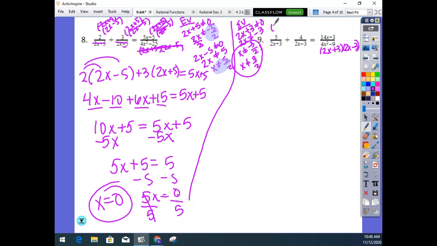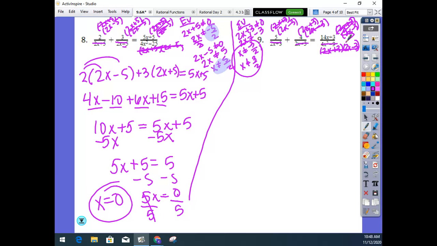All right, multiply everything through by the common denominator. The 2x plus 3 cancels. Here the 2x minus 3 cancels.